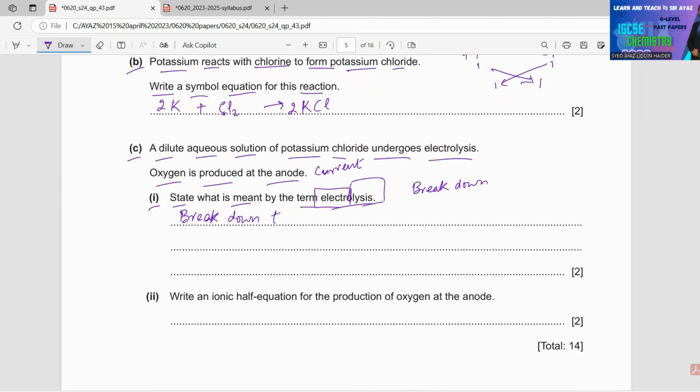Breakdown through passage of electric current of ionic substance. Remember, it's breaking down an ionic substance.